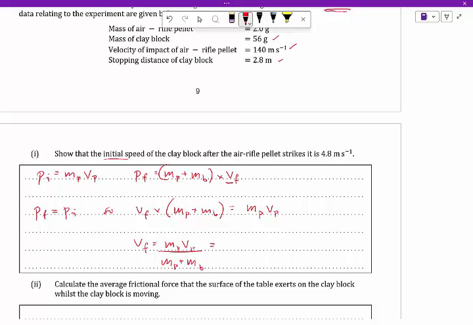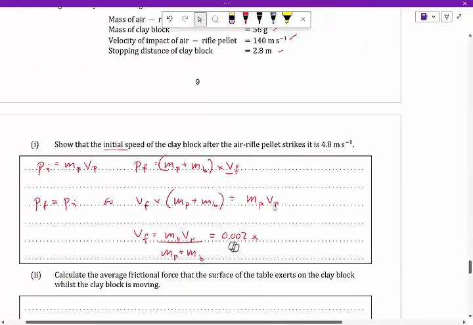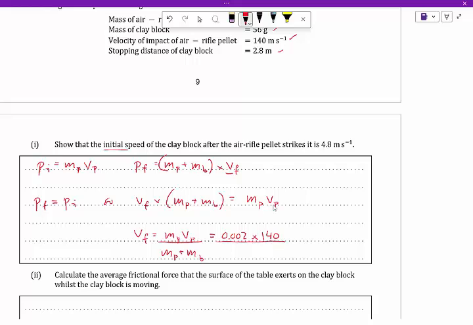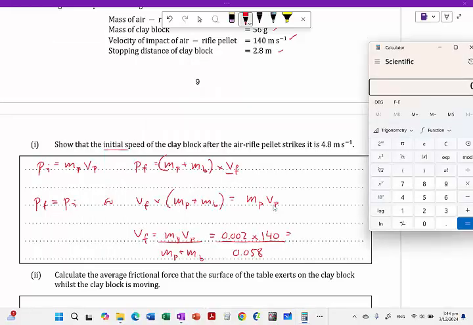And that is, the mass of the pellet was 2 grams, 0.002 kilograms, times the speed of the pellet, which I think was 140 meters per second. And then we divide that by the total mass, which is 2 grams plus 56 grams, so that's 0.058 kilograms in total. And then we can calculate that with our calculator. Here we go.